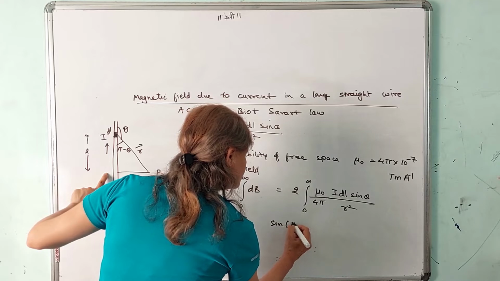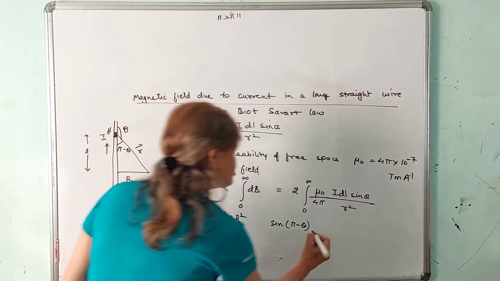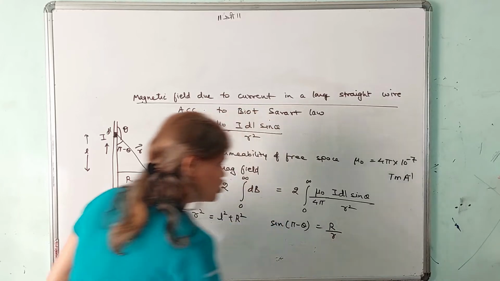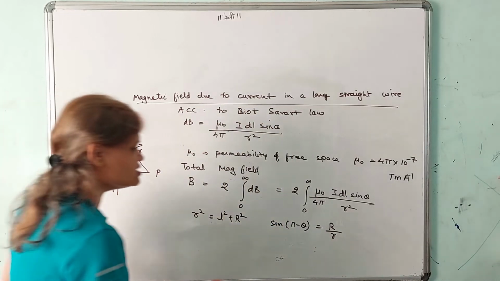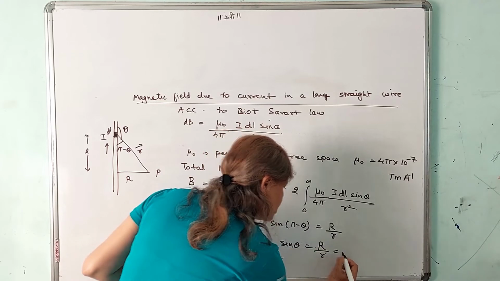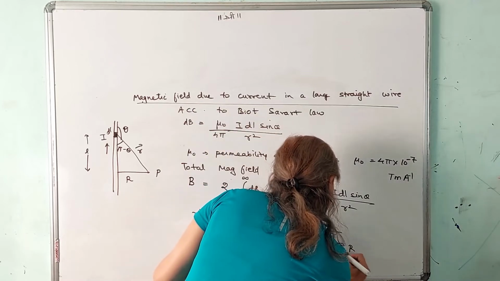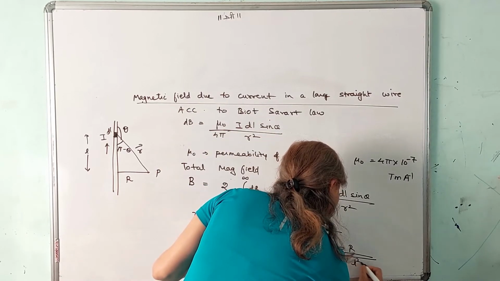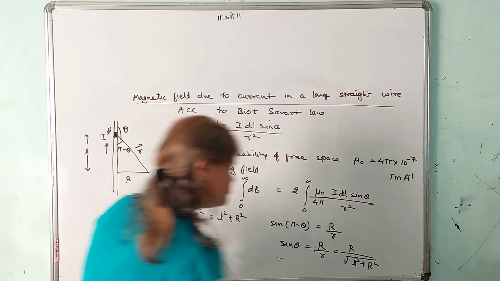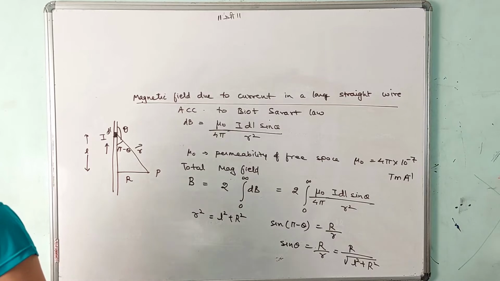So sin of pi minus theta we will find, it is opposite by hypotenuse, so that is capital R by small r. But sin of pi minus theta is sin theta, so sin theta is R by small r. But again we know small r is the square root of this, so you get R upon the square root of L square plus R square. So now we will substitute both this r square and sin theta in that formula.